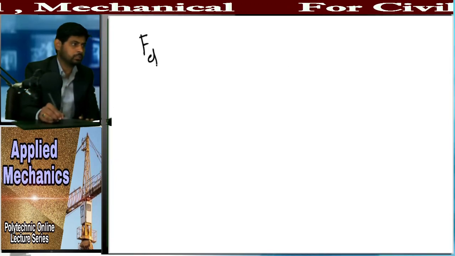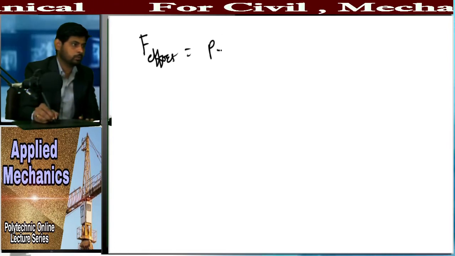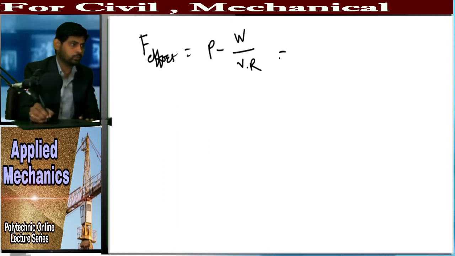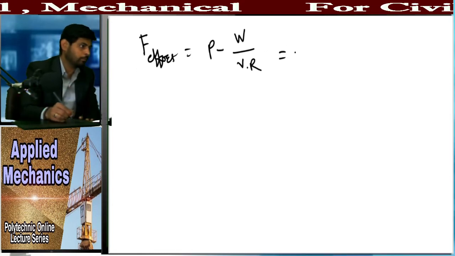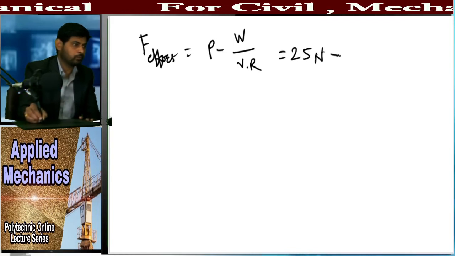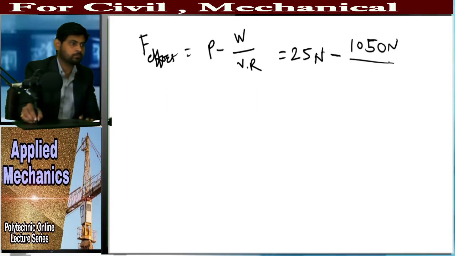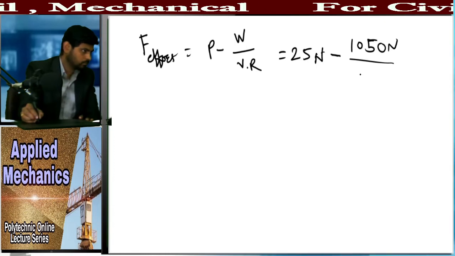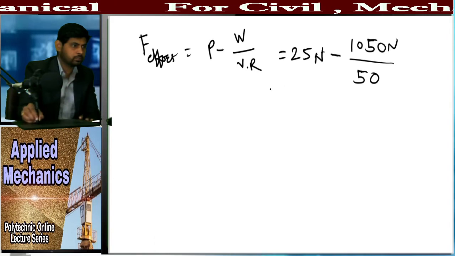So now see here, F effort is equal to P minus W upon velocity ratio. The value of P is how much? 25 Newton. 25 minus the value of W, 1050 Newton, and velocity ratio how much? That is 50. We have found it, right?